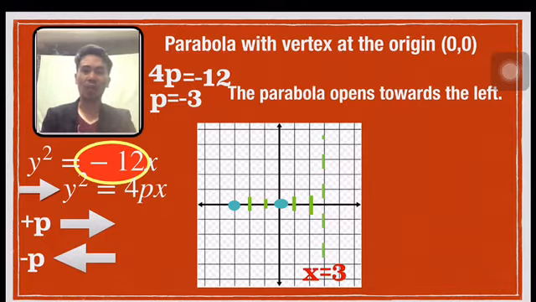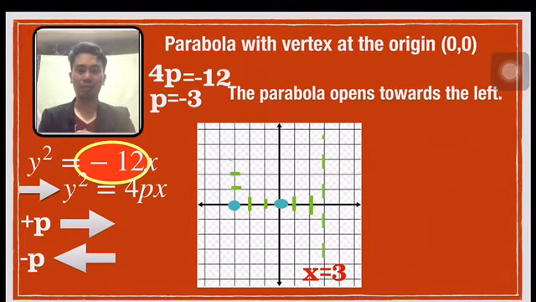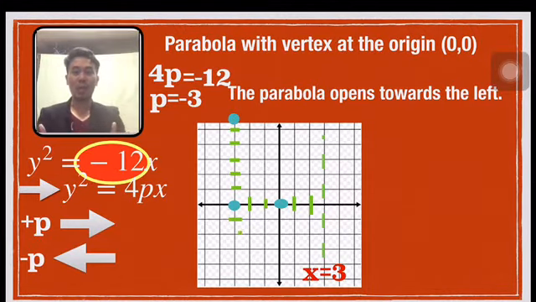Since the value of p is equal to negative 3, we substitute the value of p, that becomes 6, negative 6. It means to say that from the focus, we will count 1, 2, 3, 4, 5, 6 units above. And from the focus, we will count 1, 2, 3, 4, 5, 6 units below from that focus. And this is what your graph looks like.